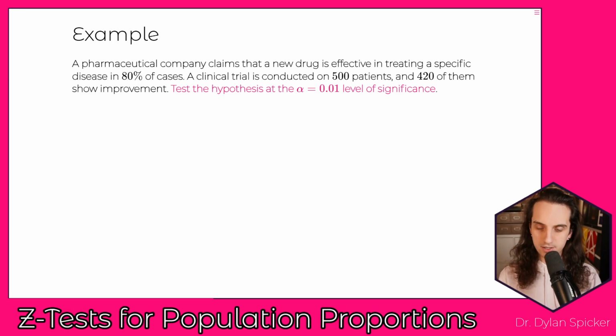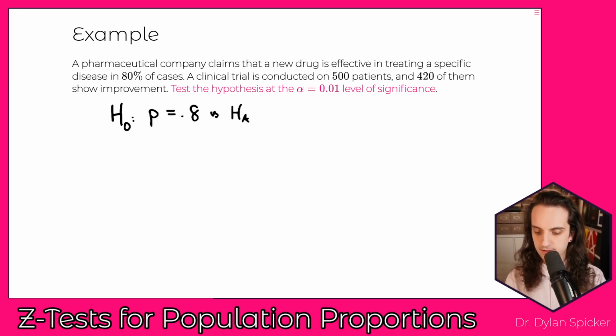And so what are we actually given here? Well, the first thing to note is that we are making a claim. So the claim is going to be that the proportion of successful treatments is equal to 80%, and that's going to be tested versus the alternative that p is not equal to 80%. So we're dealing with a two-tail alternative here. We run a trial. We have n is equal to 500 individuals.